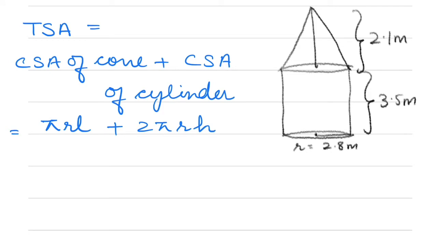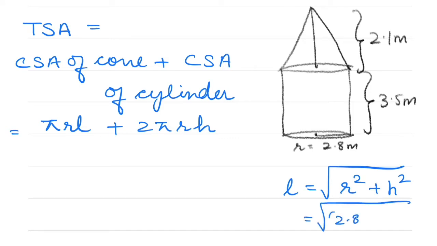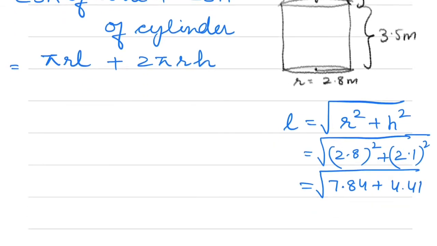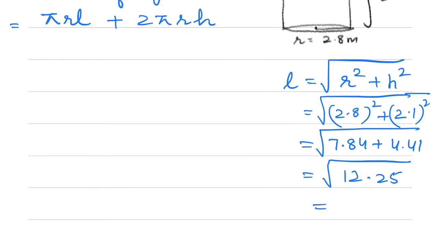So let's find out the value of L. L is equal to square root of R square plus H square. So we have radius 2.8 whole square plus 2.1 whole square, square root of 7.84 plus 4.41. This is equal to square root of 12.25. This is a perfect square, so 3.5 meter.